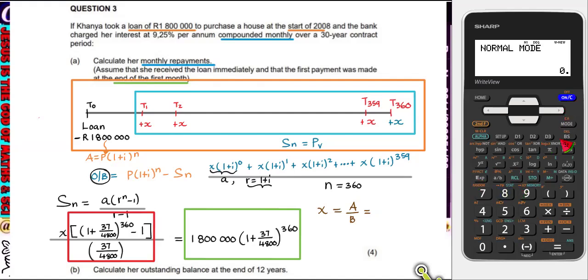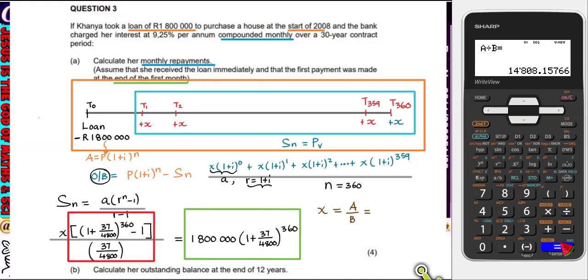The other one, you can say alphabet B or just recall B. There's the answer there. So I'm going to have to say recall A divided by B. So I must recall the B. There we go. And then there's the answer.